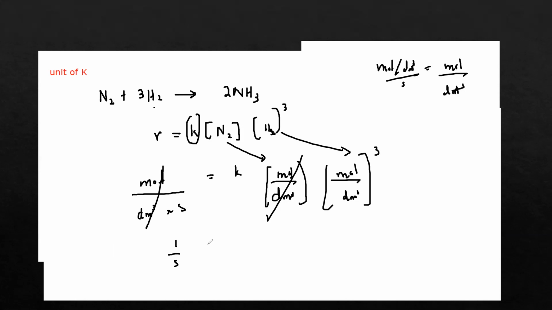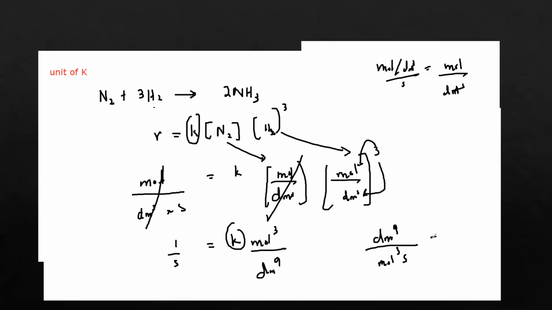The power 3 is multiplied with mole and also with dm cube, so this becomes mole cube over dm to the power 9. For k, dm will be multiplied and mole will be divided. So this will be dm raised to power 9, mole raised to power 3, and second. That is the unit of k.